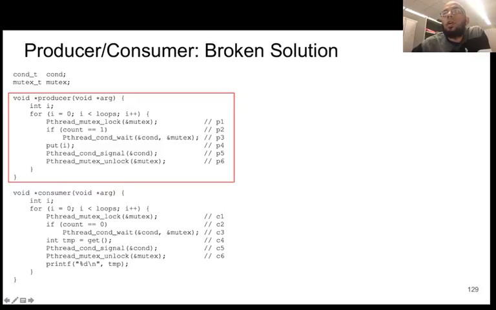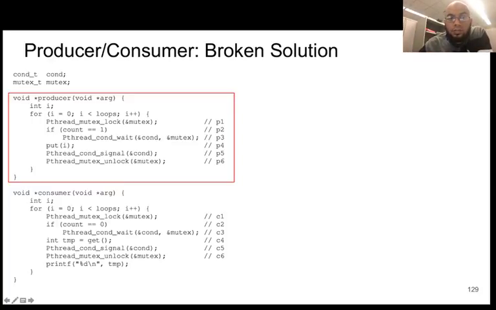If count is not equal to 1, you're going to put i into the buffer, and raise the signal for the condition that you have put data into the buffer, so any consumer can now read that data, pull that data out, and then you unlock your lock.